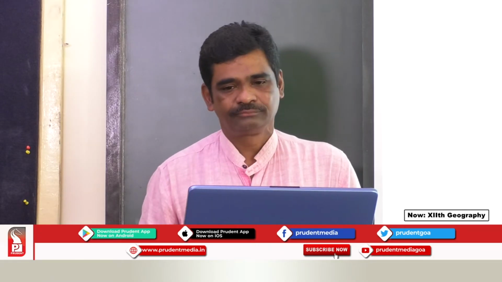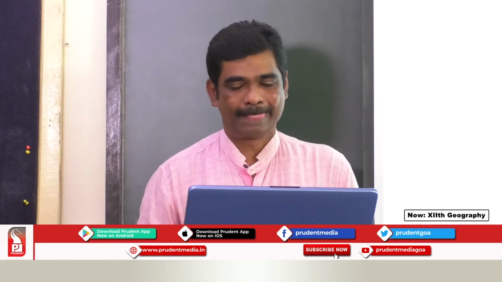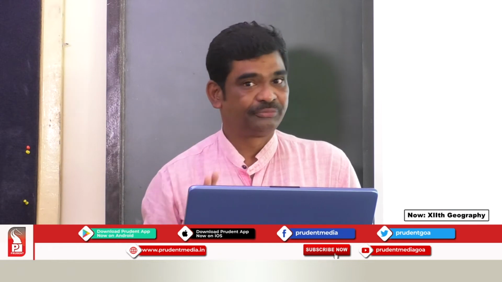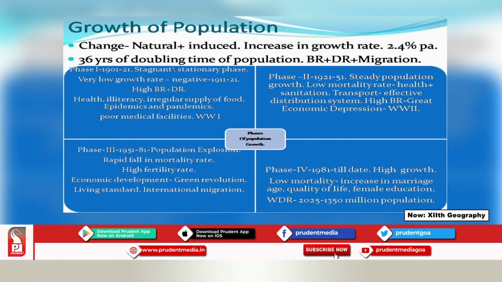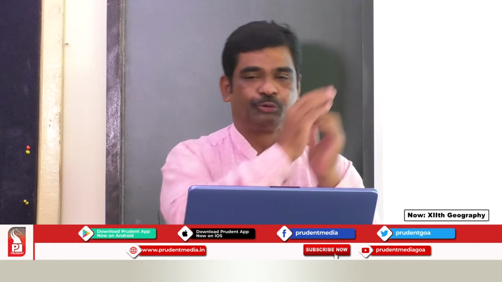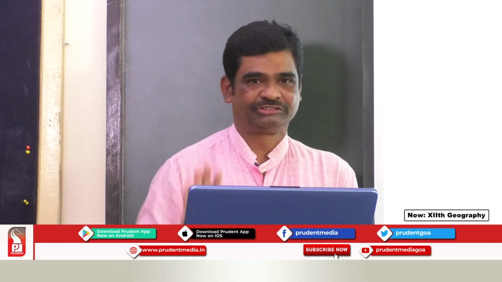In India, we have an increase in the growth rate of population. India's population increases 2.4% per year. This is the per year figure. For 10 years, it is 24%. India takes only 36 years to double the population. If the present rate of population growth continues, we will have only 36 years to double our population.